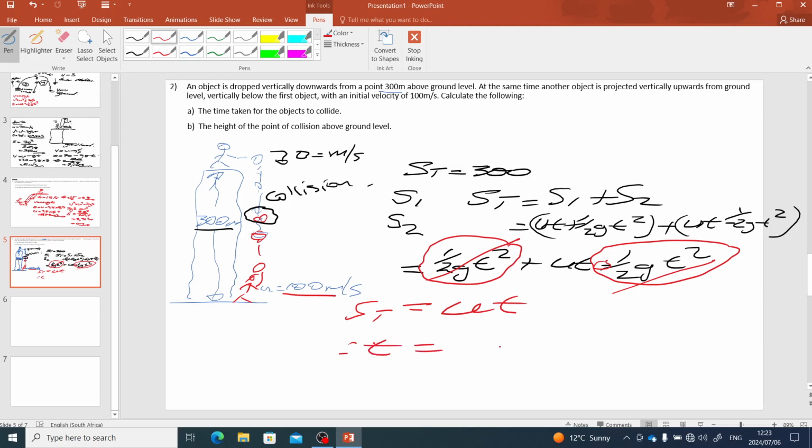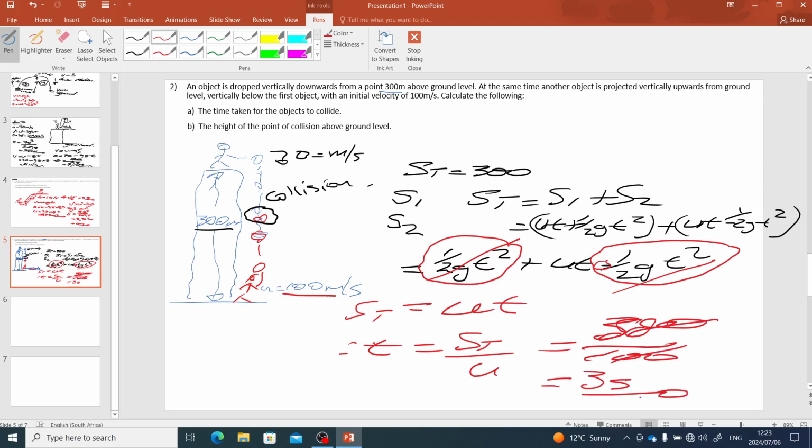Therefore, our T would be ST divided by U, which is 300 divided by 100. Then our time taken is 3 seconds. It took 3 seconds for the objects to collide.